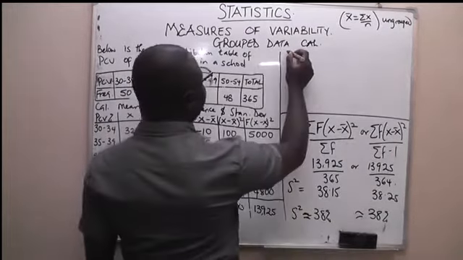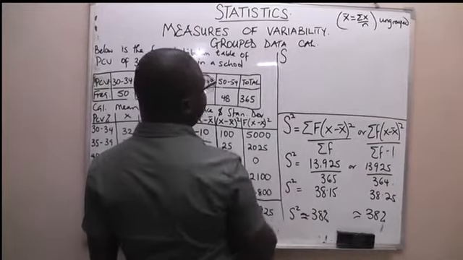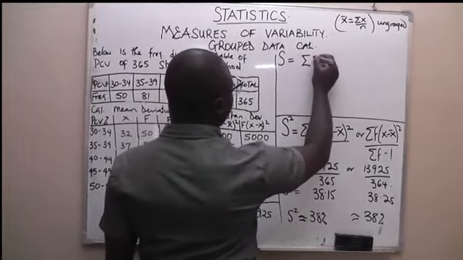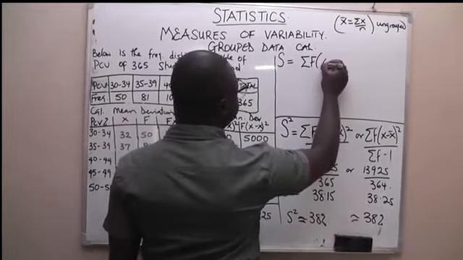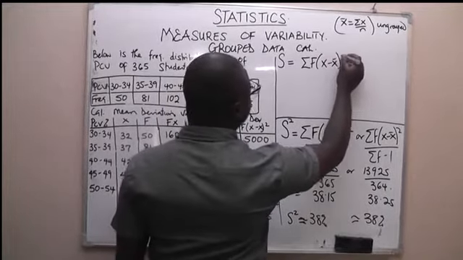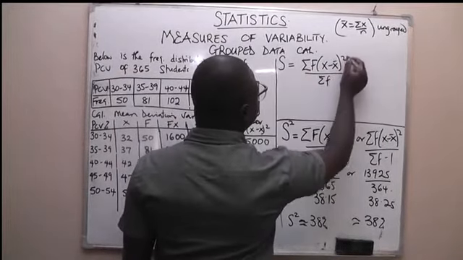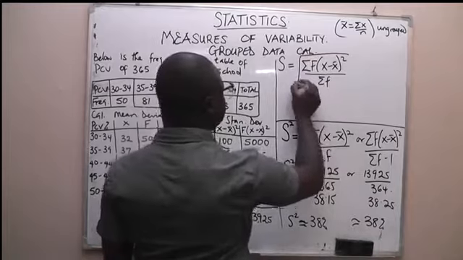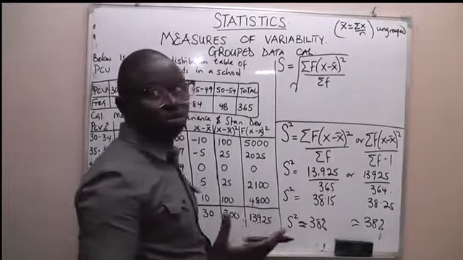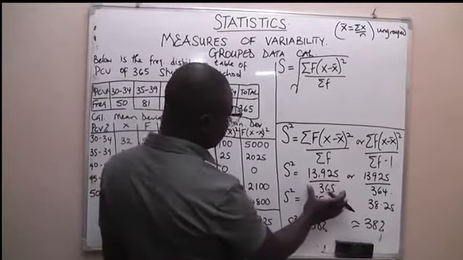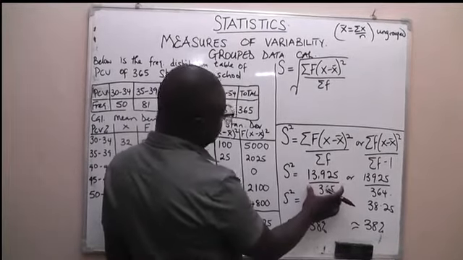So my standard deviation is denoted by S, equal to summation f open bracket x minus x bar squared all over summation f. Then I'll put everything in a square root. That's just the difference. All right. So if I do it this way, what is my value here? It is still going to be the same answer.